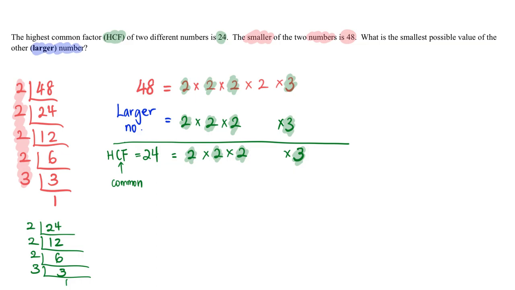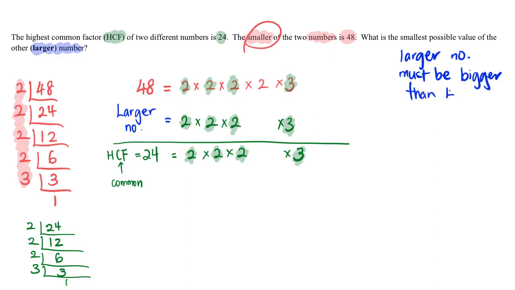And 48 is the smaller number. This means that the larger number must be bigger than 48. So I repeat, the larger number must be bigger than 48.